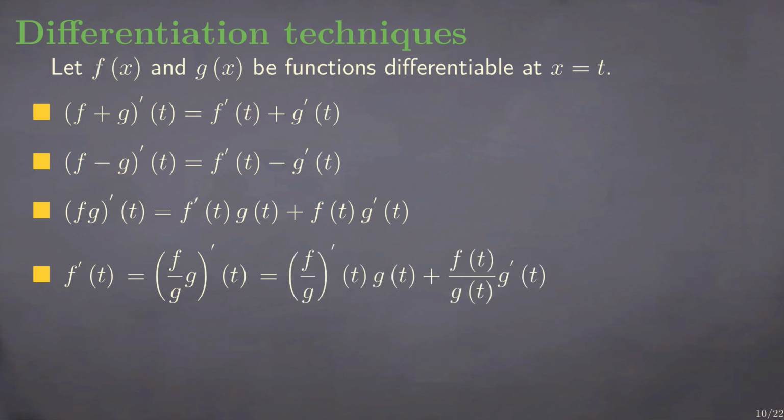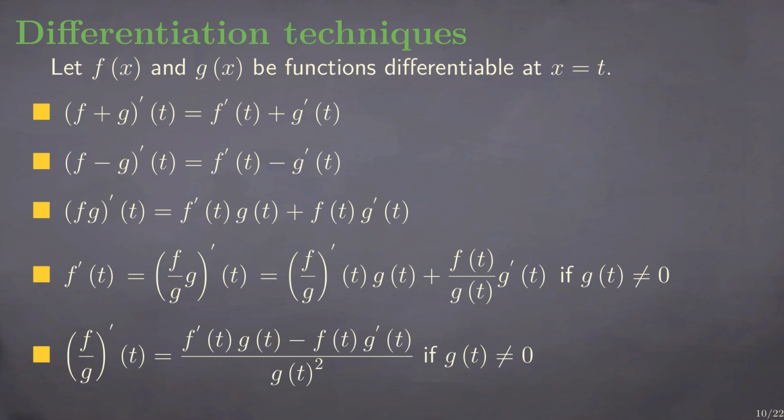In the final result, the derivative of f over g is unknown, and this is exactly what we want to compute. On the other hand, g, f over g, and the derivative of g are known. So from this, we can easily deduce that if g(t) is different from 0, then the derivative of f over g evaluated at t is the quotient whose numerator is the derivative of f times g minus f times the derivative of g, divided by g(t) squared.